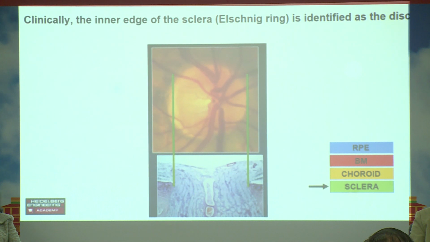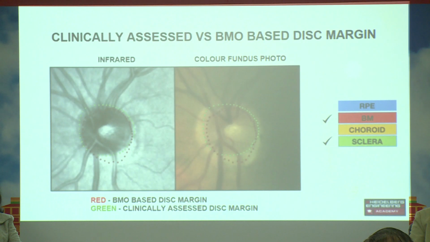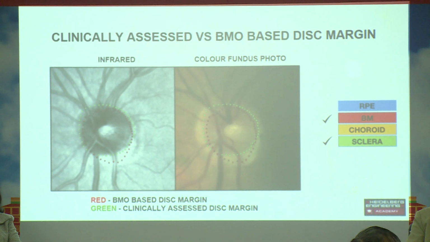Previously the sclera was clinically thought of as the real margin, but now the termination of the Bruch's membrane is thought to be the real margin. Definitely both are not the same. As you can see, there is a slight difference between the two anatomical structures. There are two different areas then.